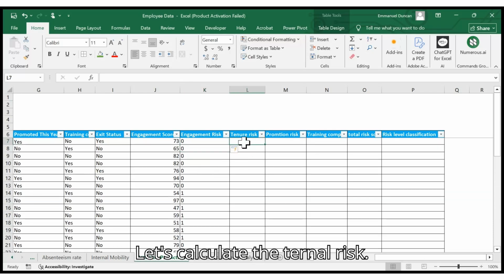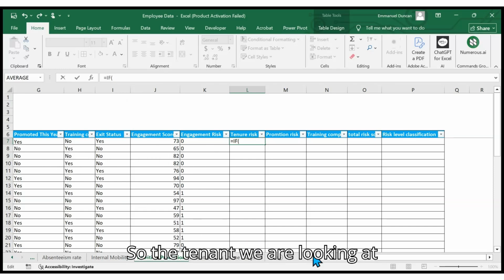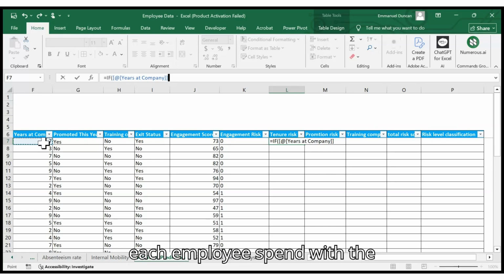Let's calculate the tenure risk. We are going to use the if function. So the tenure, we are looking at the years each employee spent with the company.